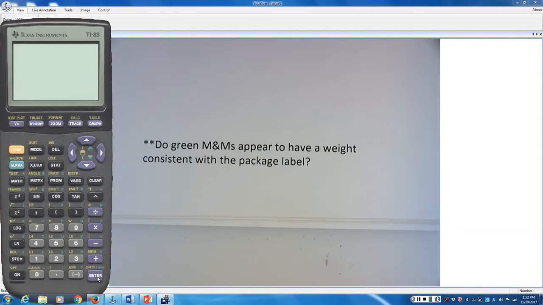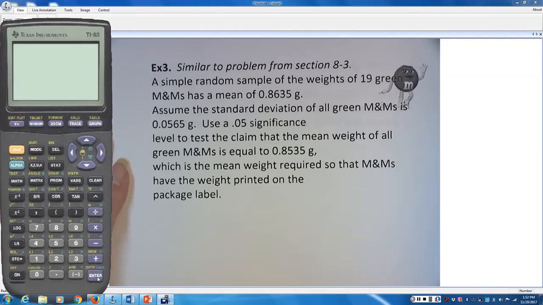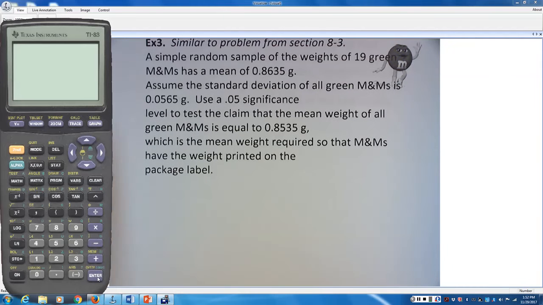Okay, a few more for practice. A simple random sample of the weights of 19 green M&Ms has a mean of 0.8635 grams.